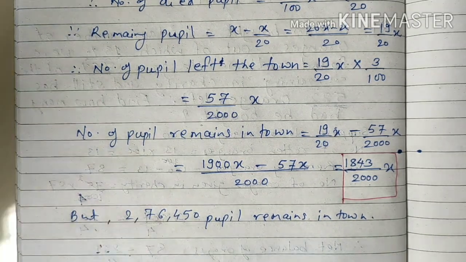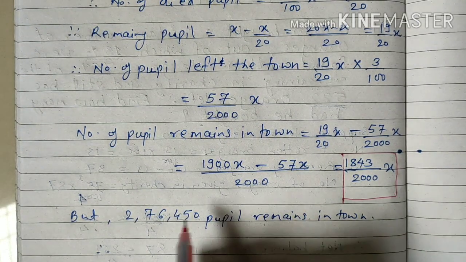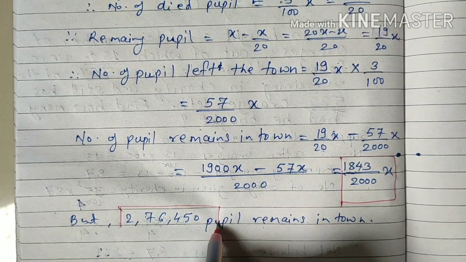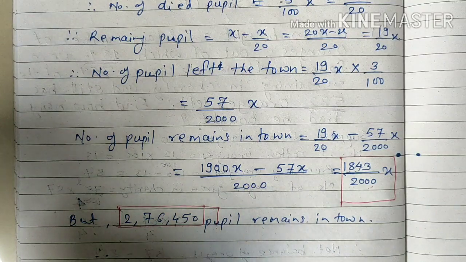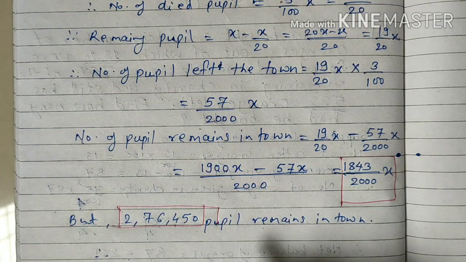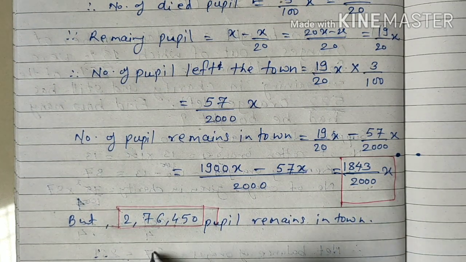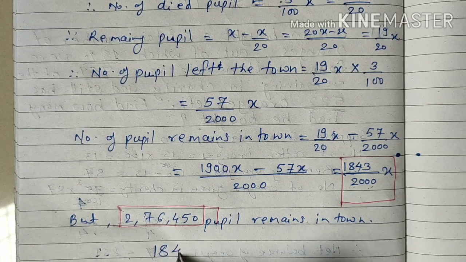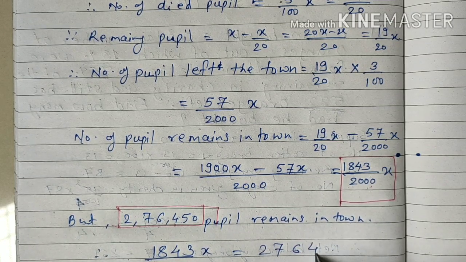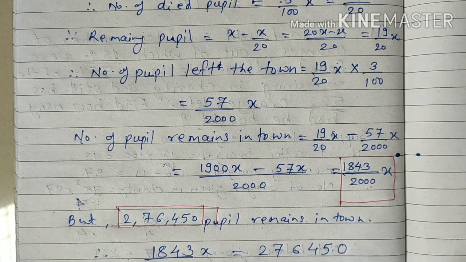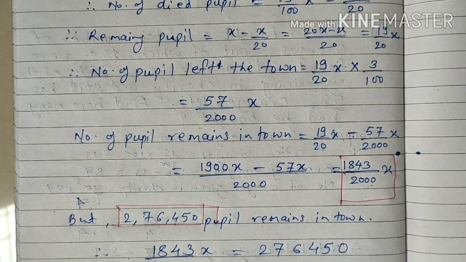Therefore, we can take this value equal to this value. So it will be 1843X upon 2000 equals 276,450. These two values are equated.